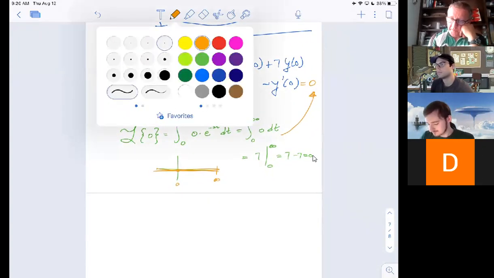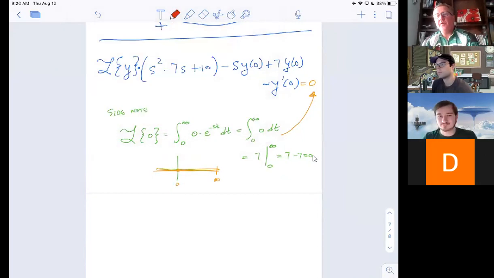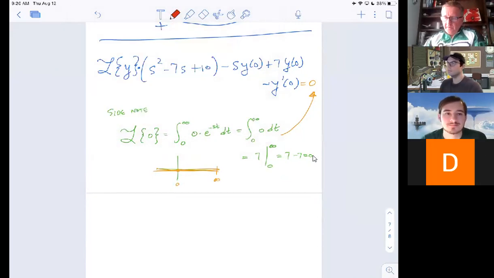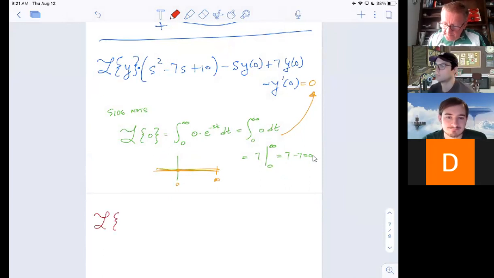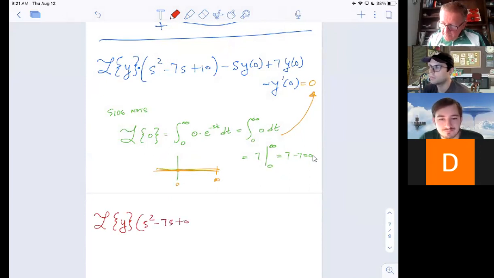Let's continue. And here's the algebra part, or the brilliant part, or maybe what would never occur to you. So I have the Laplace transform of y multiplied by what turned out to be the auxiliary equation.